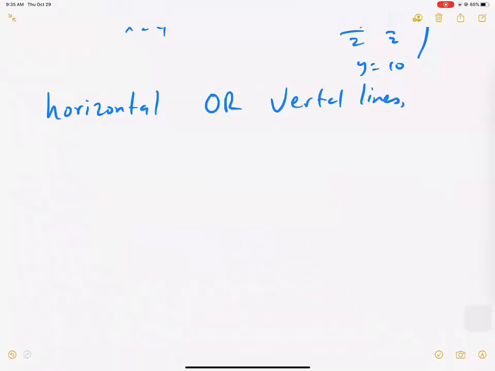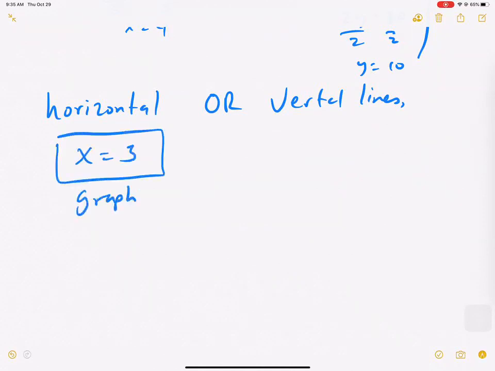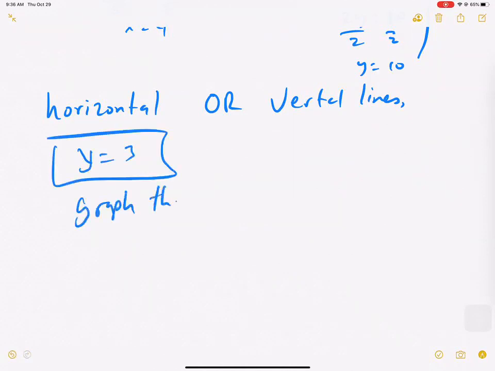So if I write x is equal to 3 and I ask you to graph this. Actually, you know what? Whoops, I put it on the wrong side. Change it to y equals 3 and I say graph this. Or I say x is equal to 3 and I say graph this.